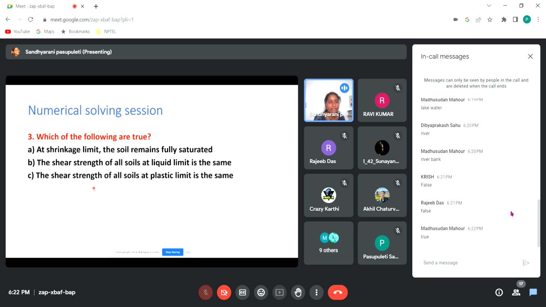I have added a particular amount of water to it, in such a way that I have filled all the air voids. So when I have filled all the air voids, the volume is completely filled.